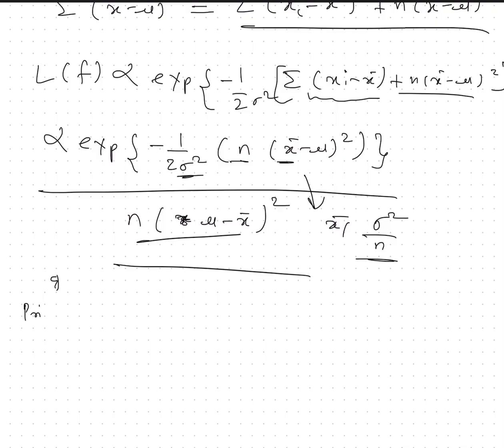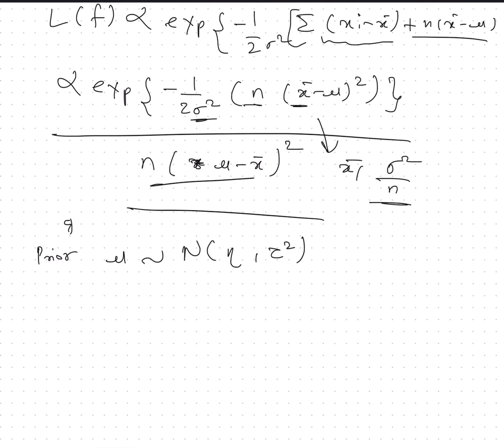Now let's consider our prior, that is mu. It is distributed normally with mean eta and variance tau square.